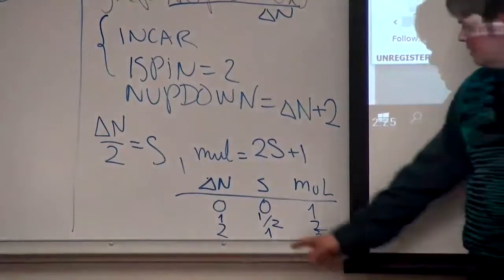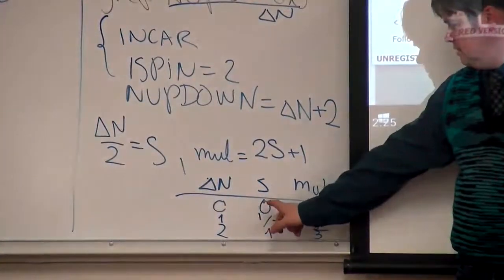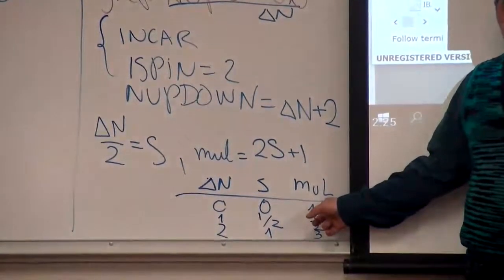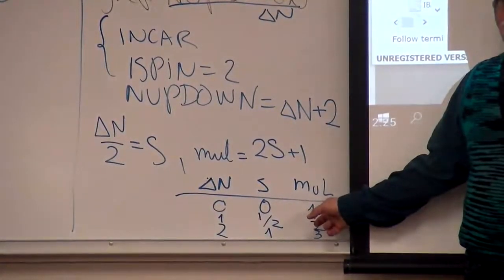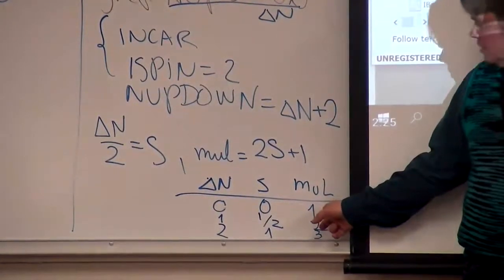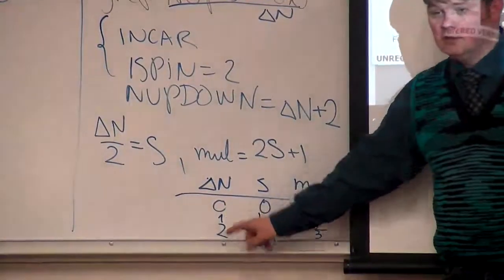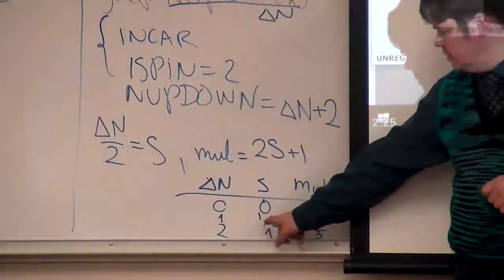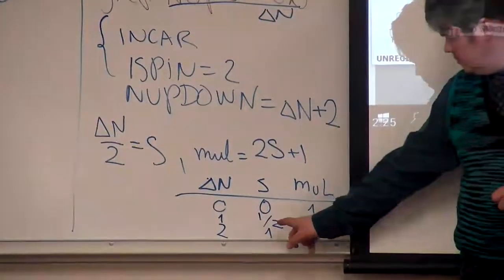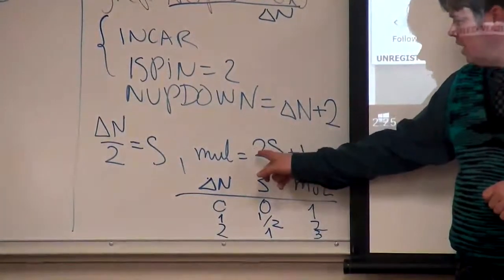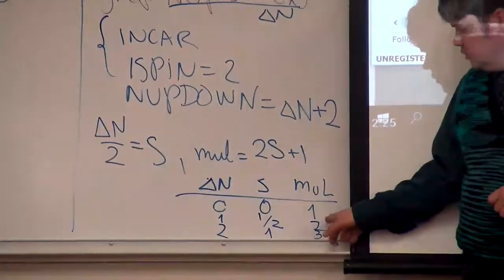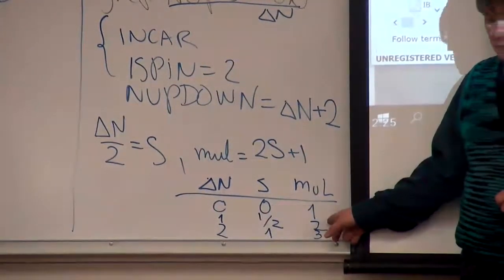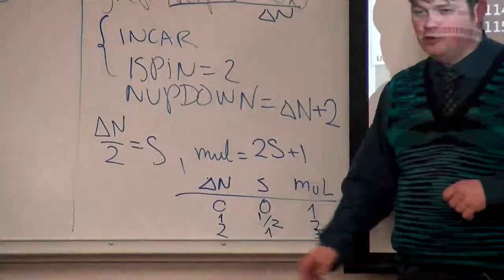So if this difference is 0, the maximal spin is 0, and multiplicity is 1. You call it singlet. Right? If the difference will be 1, what we have here, the spin will be 1/2, and 2 times 1/2 plus 1 equals 2. Multiplicity 2, doublet.